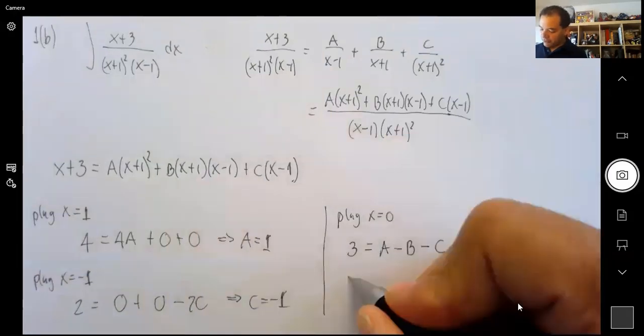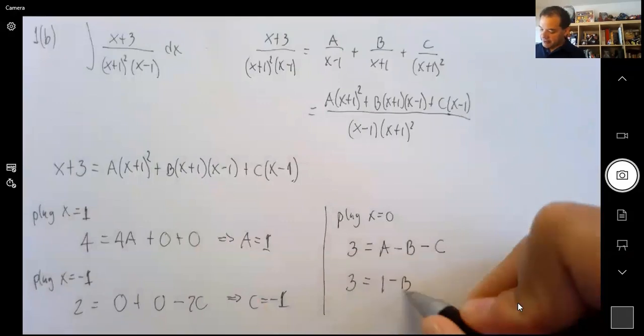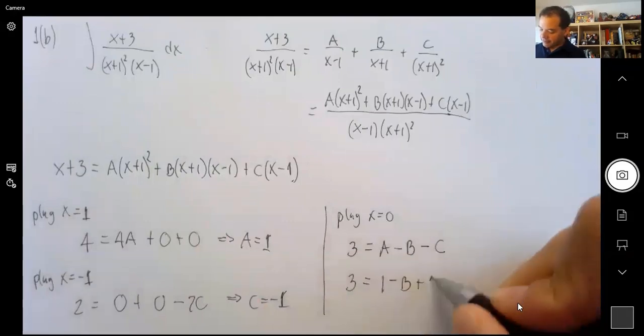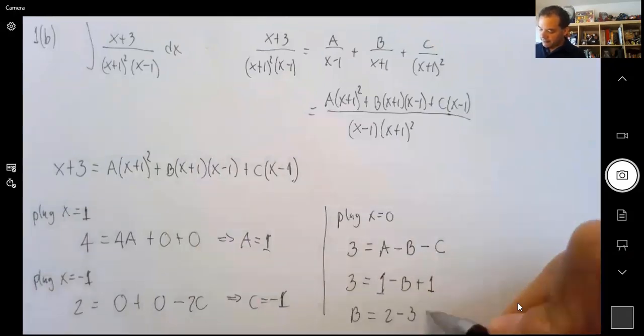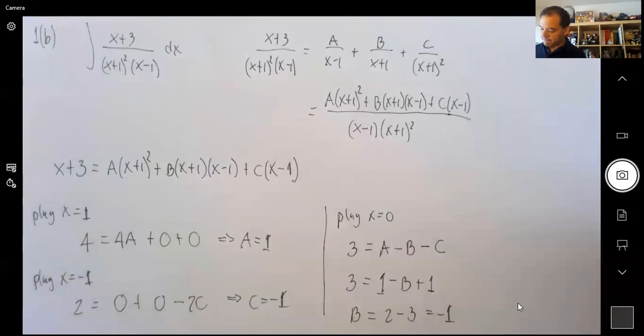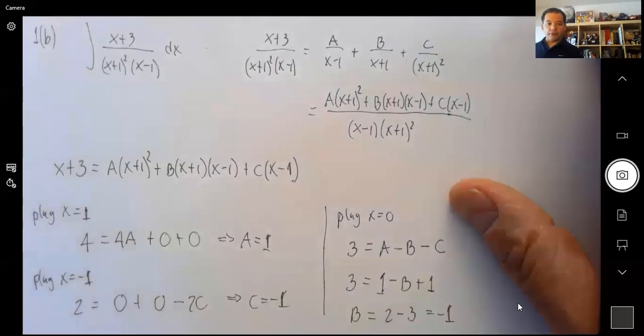And then you plug in your a and your c. My a was 1, and my c is -1, so now b is 2 minus 3, -1. And we're good, right? We were able to replace it.